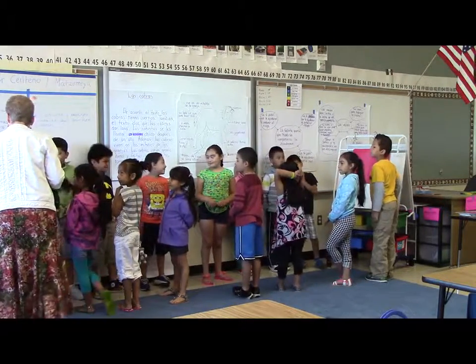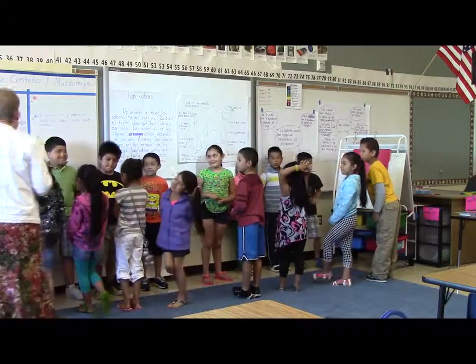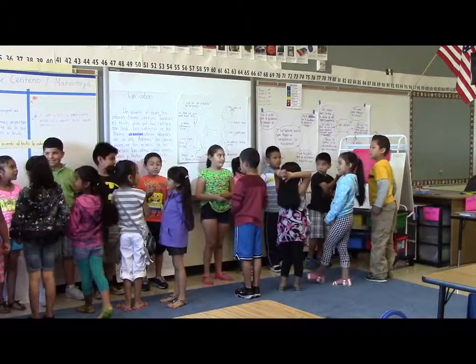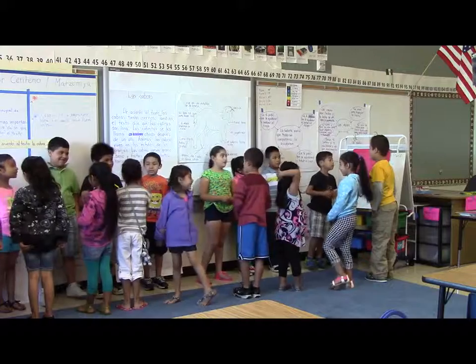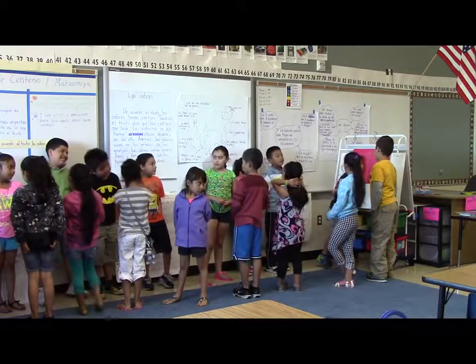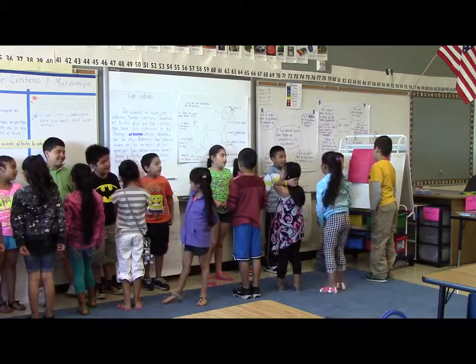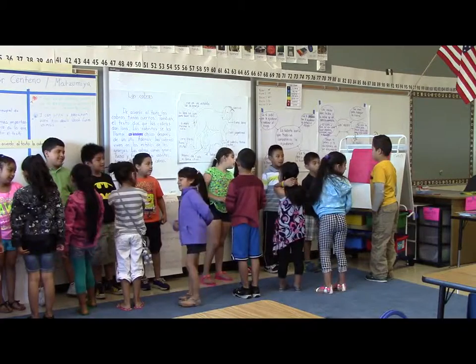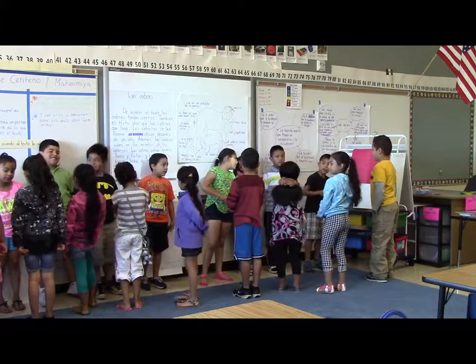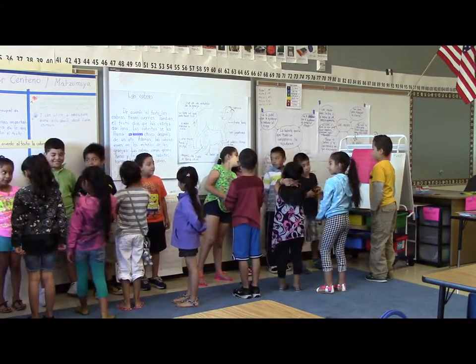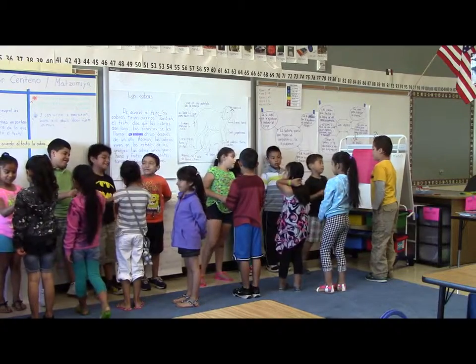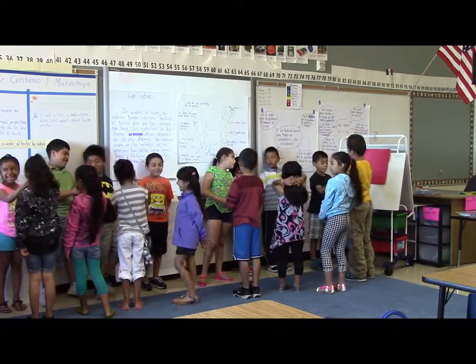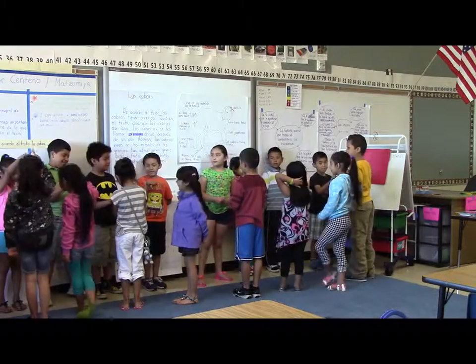All right, ready? Ask the question. What does a little red hen look like? Give your answer. The little red hen is skinny. Okay, touch fingers. Okay, now we're going to change partners.